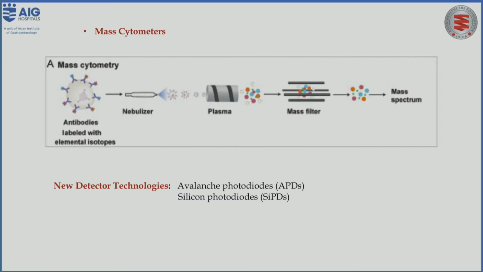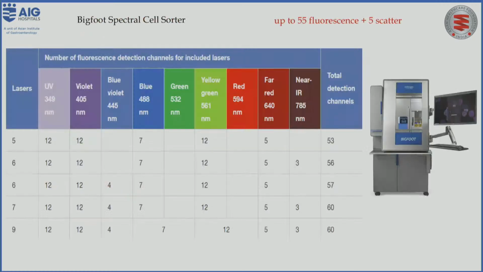And today we have advanced flow cytometry where they use detectors like regular PMT detectors. We also have avalanche photodiodes and silicon photodiodes used for detection, with stable emission. This is the latest flow cytometer available in the market, where we can analyze more than 60 parameters using 9 lasers.